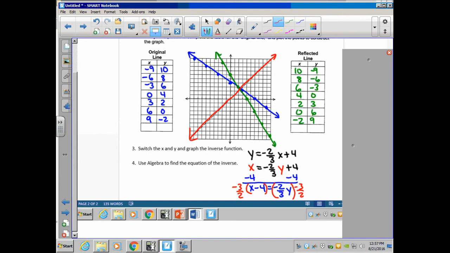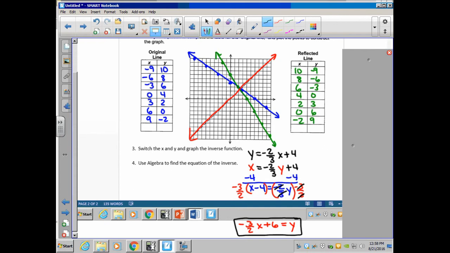So I have negative 3 over 2x. Negative 3 times negative 4 is a positive 12. 12 divided by 2 is 6. And on the right-hand side, negative 2 divided by 2 is 1, 3 divided by 3 is 1, and a negative times a negative is a 1. So that's how I'm left with my y on the right side. So that's how you find the inverse equation algebraically.